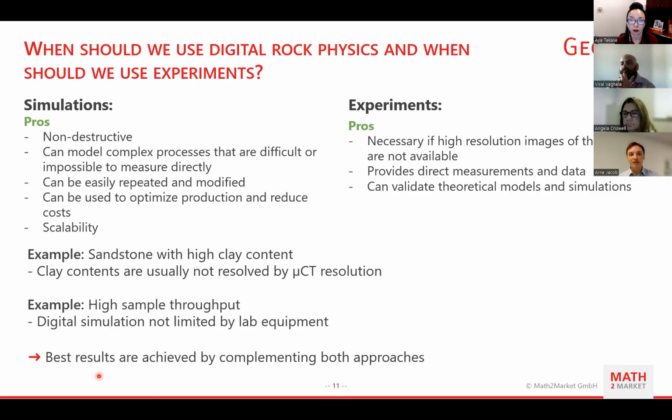So it depends highly on the case you're observing, on which CT device I would go to. Sometimes it will be required to use FIB-SEM to go to the nanometer scale. Sometimes the plug scale would be sufficient. And in the best case, you have a whole core scale where you already know the different permeability areas.